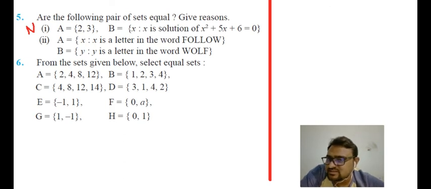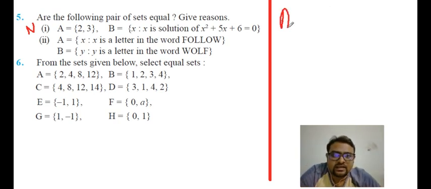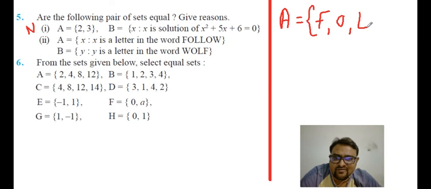The next one, second, A is equal to x such that x is a letter in the word follow. So when I solve it, I will get A equal to {F, O, L, W}. Second L I will not write a second time, again O I have done, and W. Right?